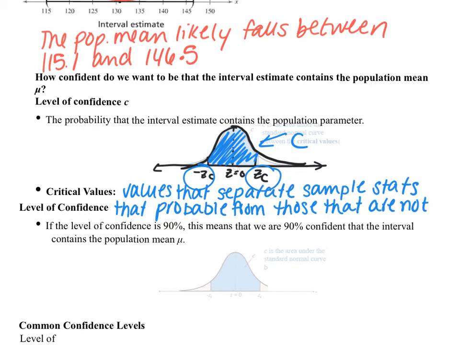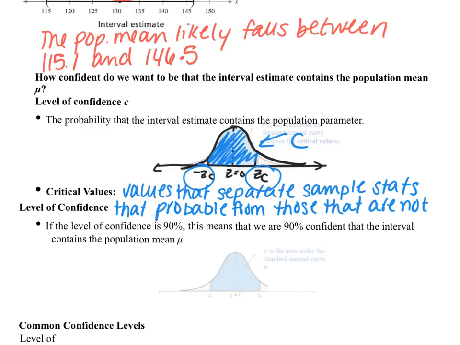Okay, because sometimes there are numbers that are realistic, and it's likely that the mean for the population falls somewhere between these two numbers. But then there are numbers that are not realistic. So if we said that the population mean number of hours worked, going back to that grocery store problem, fell between 29 and 30 hours, that's not realistic. That's very unlikely to be the case because that interval is too small.